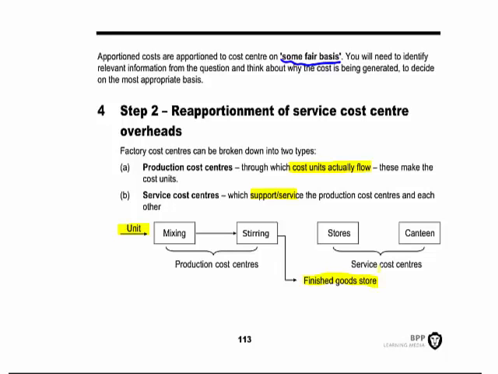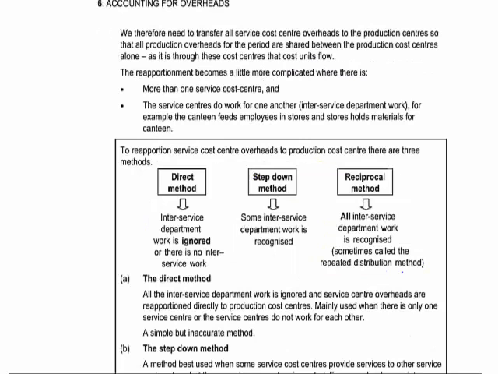What we need to do then is find a way of getting the stores and the canteen costs into the cost of the finished good, which ends up in the finished goods store. So we're going to end up transferring the service centre overheads out to the production centres so that we can share them out in the final stage between all of the products.